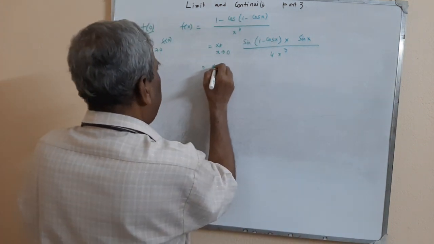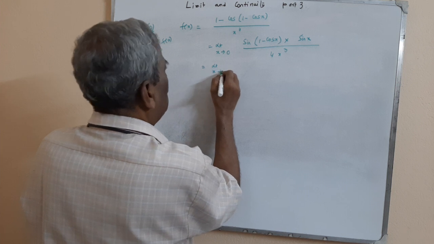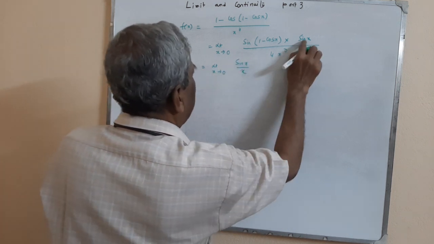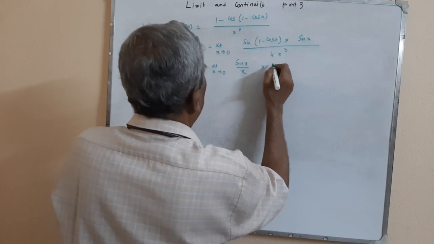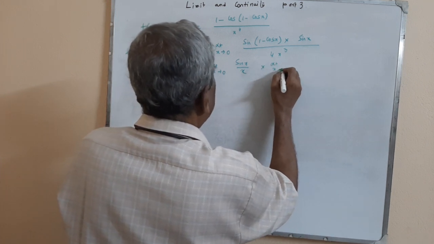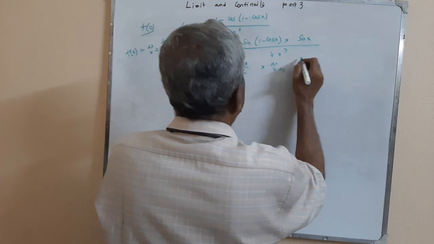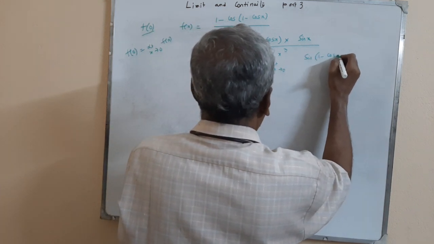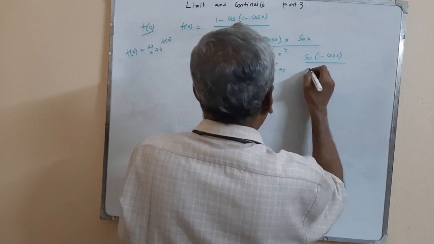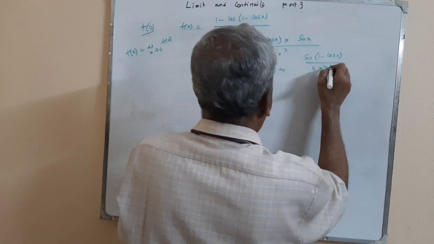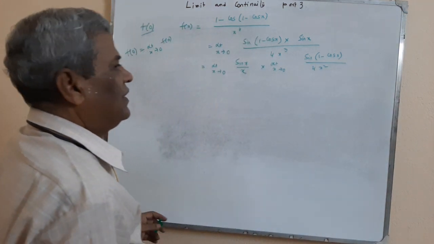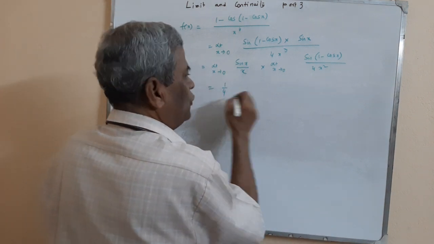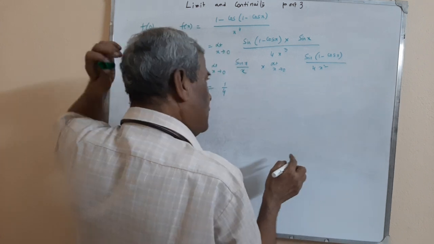It is equal to limit x tends to 0, sin x by x, into limit x tends to 0, sin of 1 minus cos x by 4x square. This is 1, so it is 1 by 4.